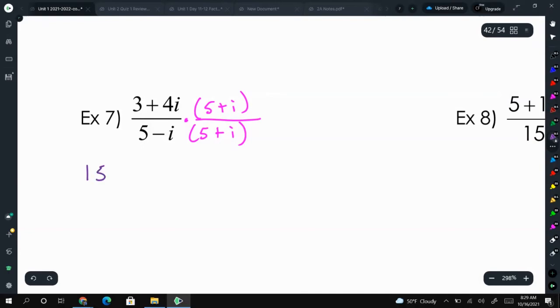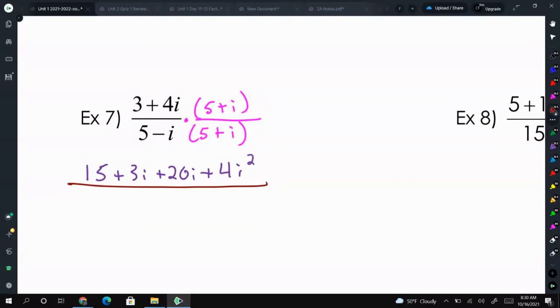On the top, we're going to get 15 plus 3i plus 20i plus 4i squared, all over the bottom. Now remember, when we multiply by the conjugate, we know that shortcut.